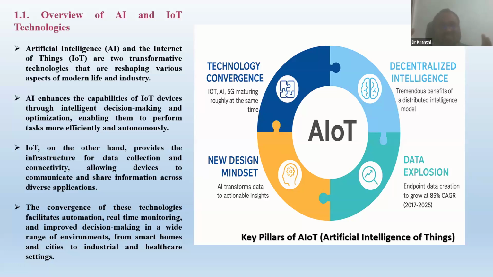This interconnection, the combination of IoT and AI, allows for the exchange of data and enables remote monitoring and control, forming the backbone of numerous smart systems. The integration of AI and IoT enables automation and real-time monitoring in diverse environments, transforming industries and improving the quality of life.